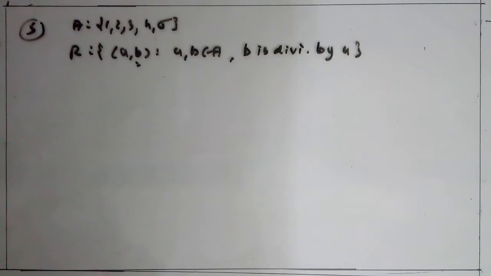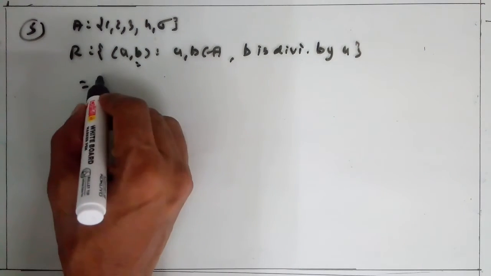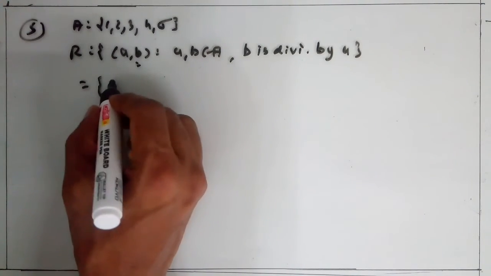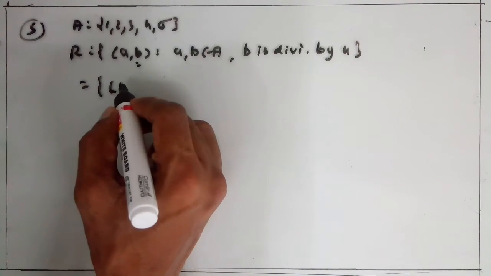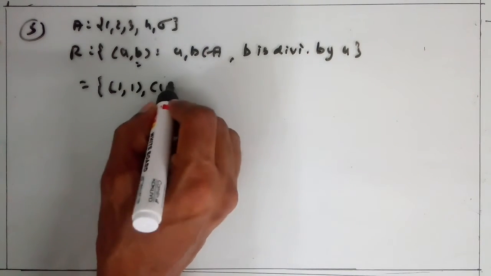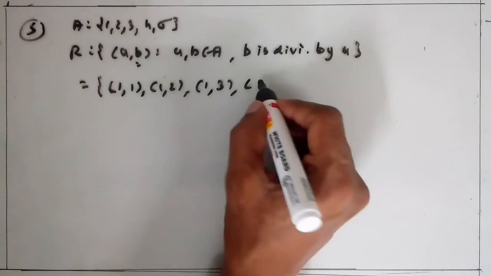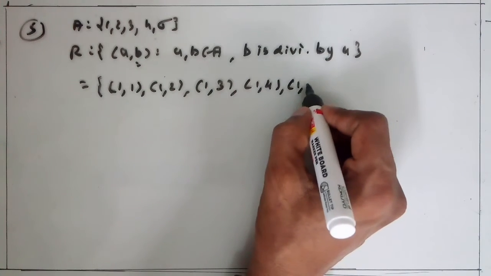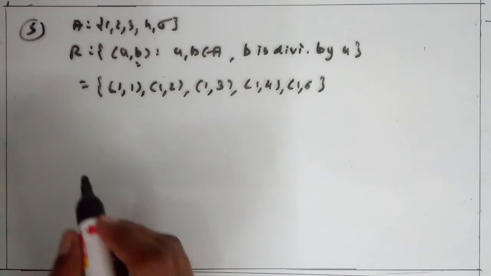That means b is a multiple of a. So we create all ordered pairs in such a way that second element becomes a multiple of first element. If we take first element 1, then second becomes a multiple of 1: 1, 2, 3, 4 and 6.